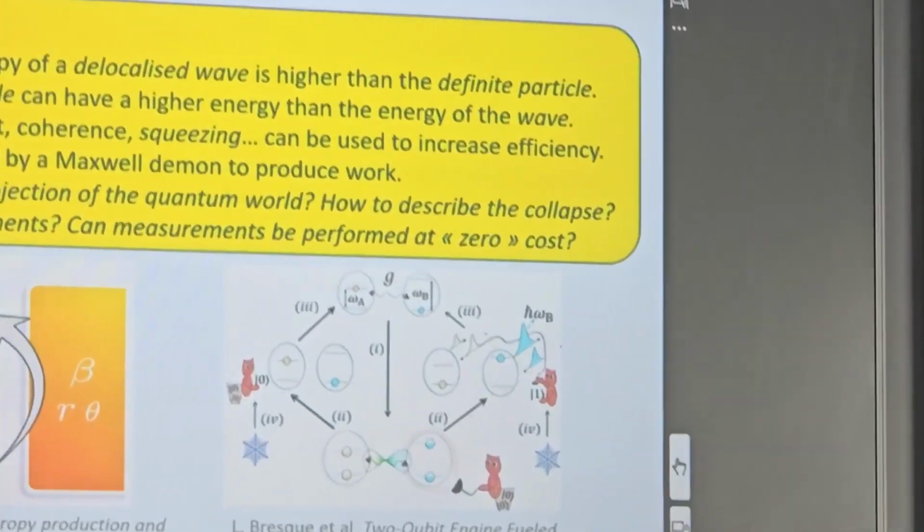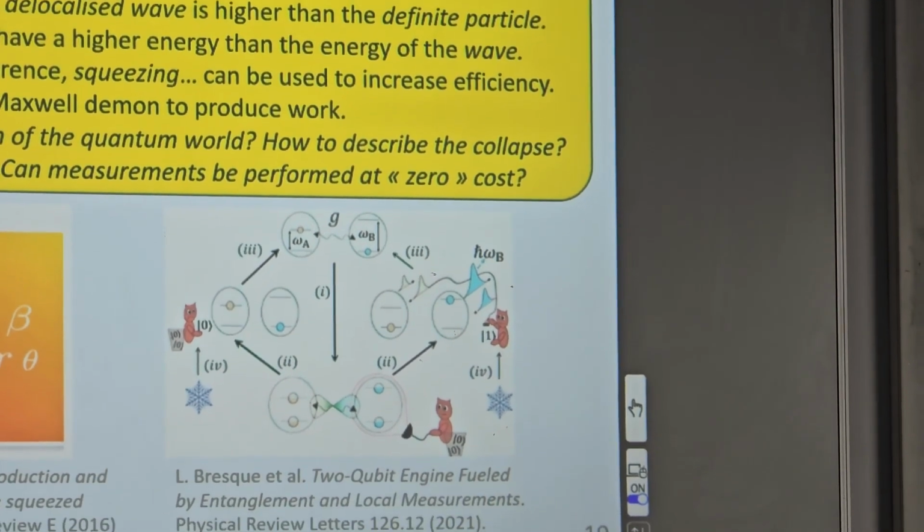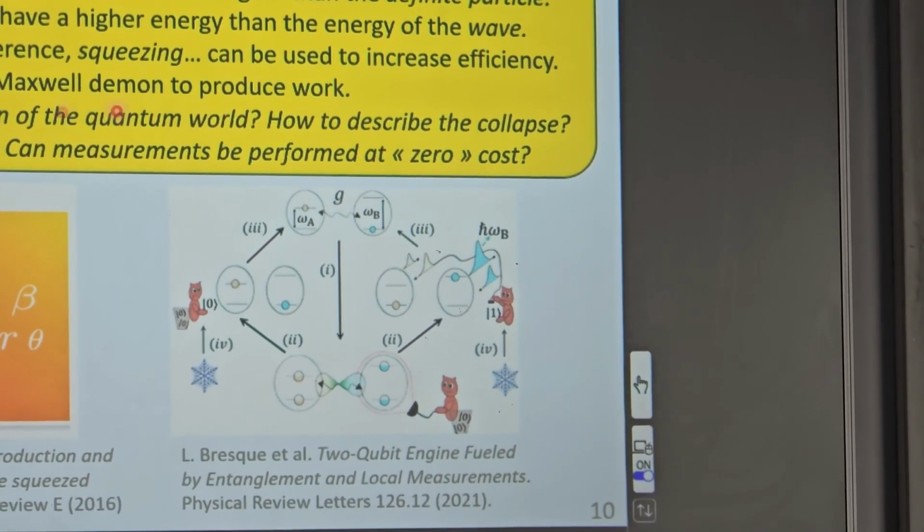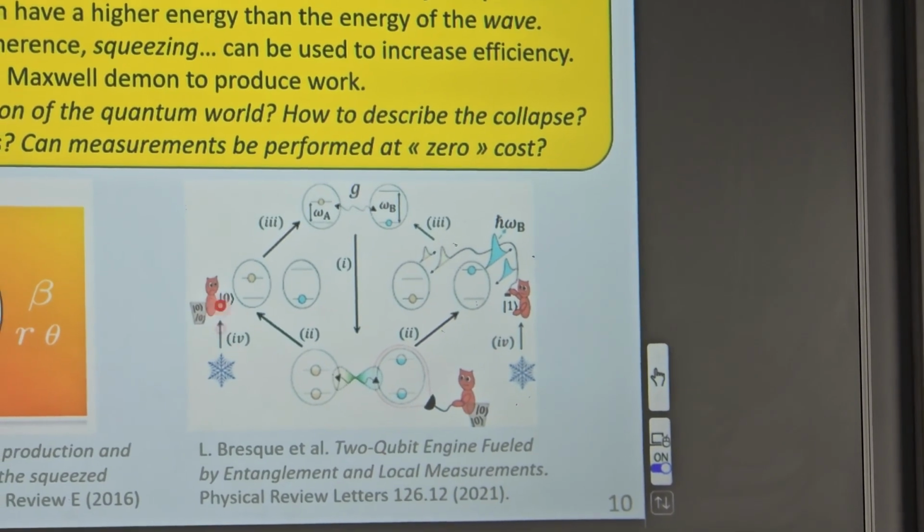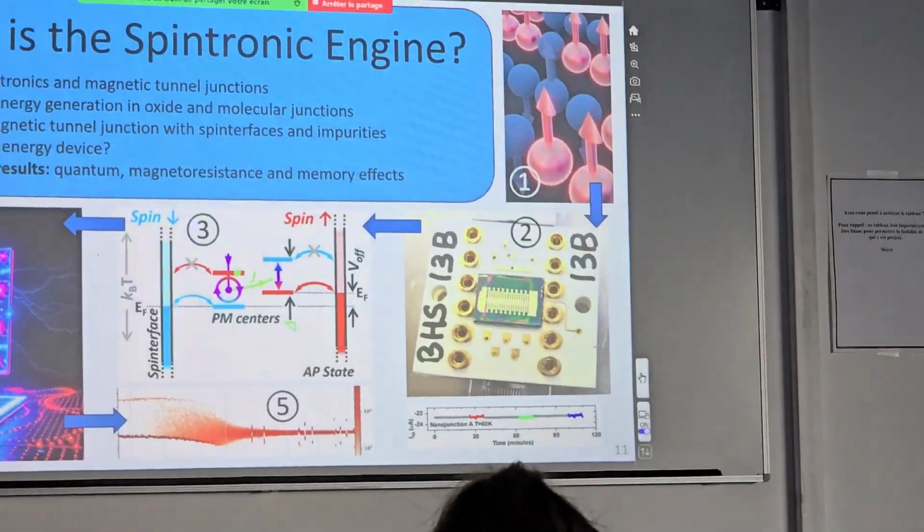For example, information shared between entangled states can be used by a Maxwell daemon in order to produce work.